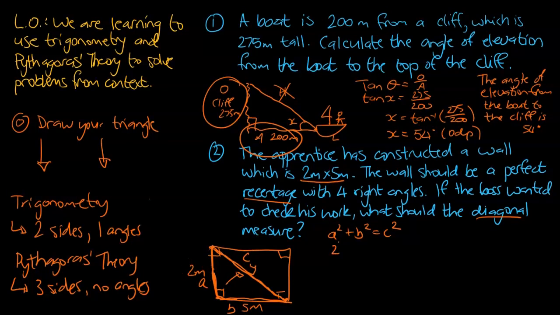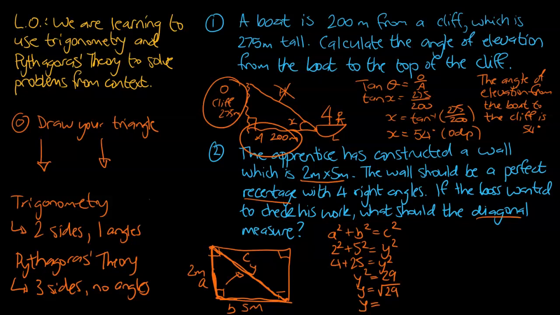So 2 squared plus 5 squared is going to be equal to, our C is going to be y squared. That becomes 4 plus 25 is equal to y squared. Y squared is going to be equal to 29. I'm now going to do the opposite of a square, the square root, to get rid of that. So y is going to be equal to the square root of 29.